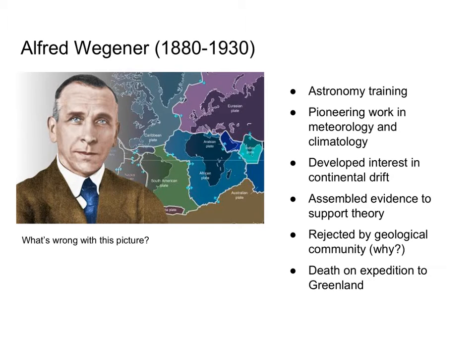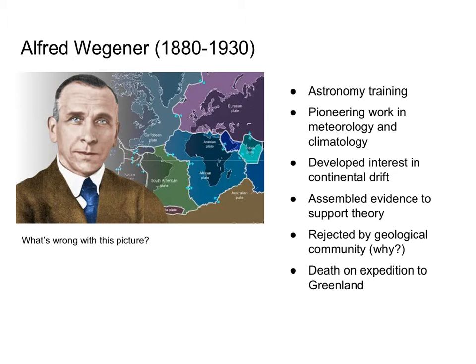I want to ask you, though, what's wrong with this picture that I pulled off the internet? You don't know Alfred, so take my word for it that it's a good likeness of Alfred, but what's wrong with the picture? Is it that the tectonic plates don't necessarily fit together, the continental shells that fit together?